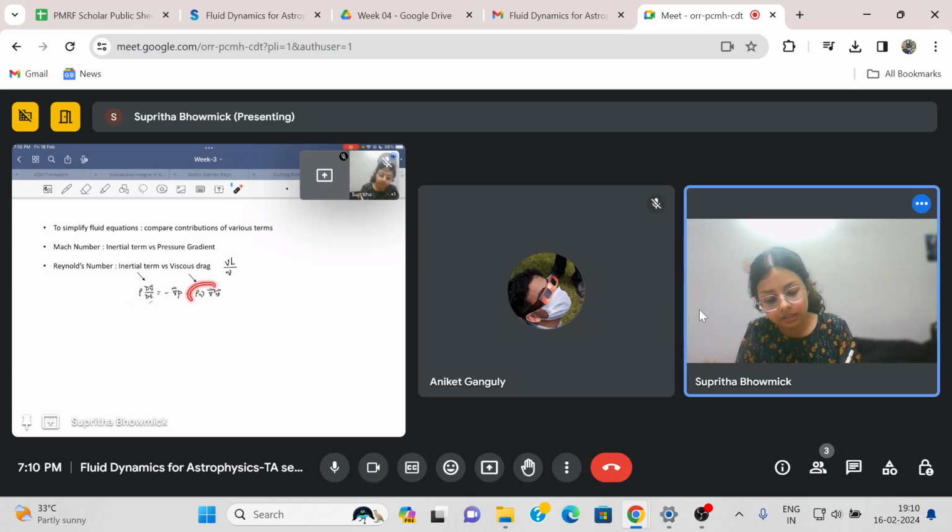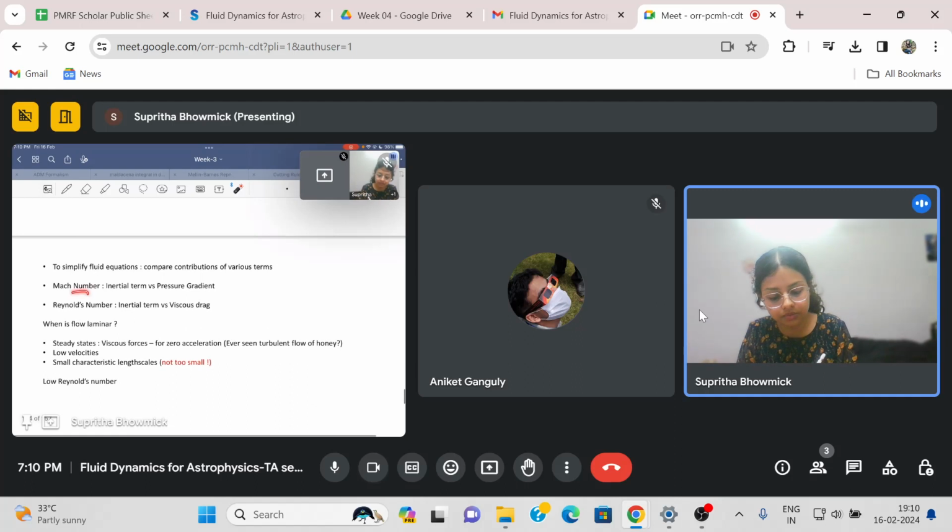So when you have high viscosity, what does that mean in terms of Reynolds number? Remember, Reynolds number was the ratio of the inertial term to the viscous drag. When you have high viscosity, which means a low Reynolds number, that is when you can expect steady states.